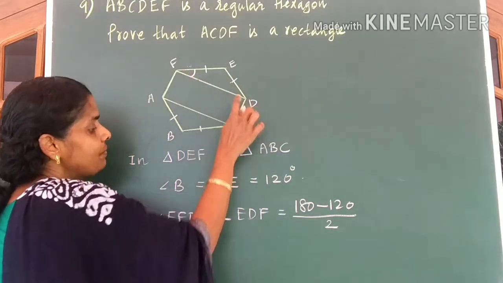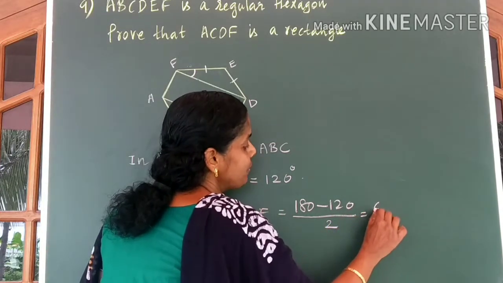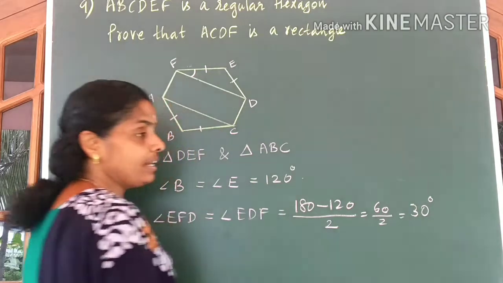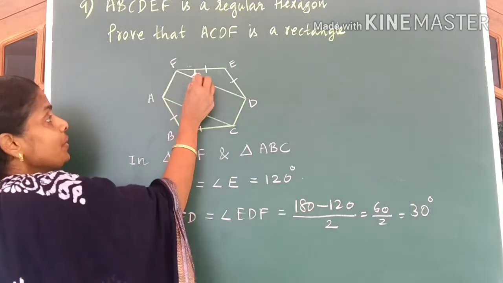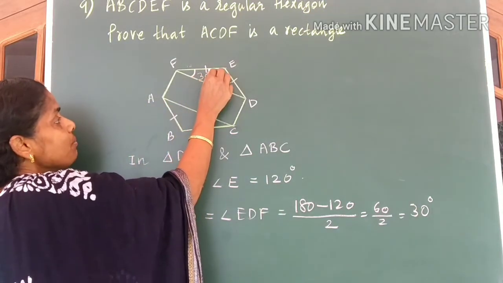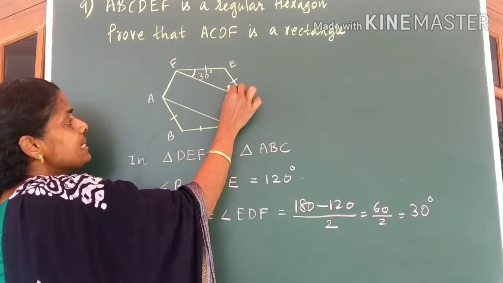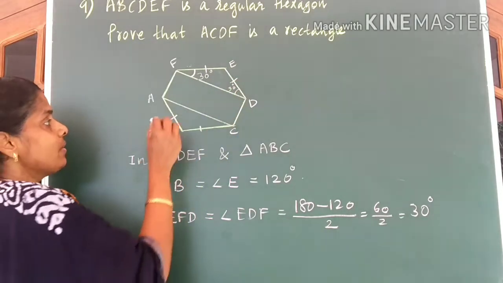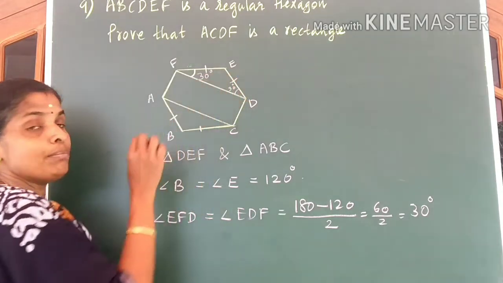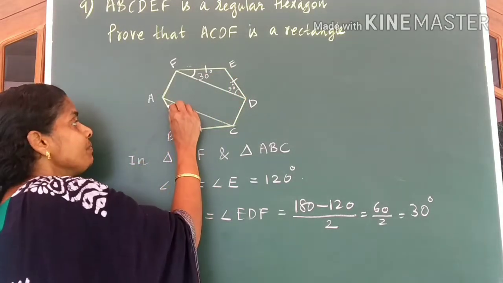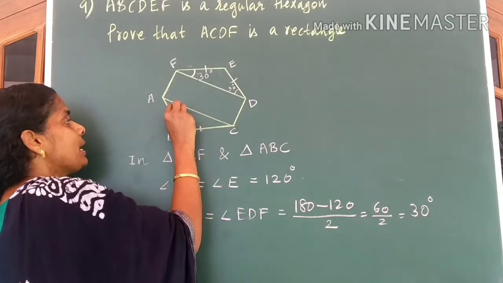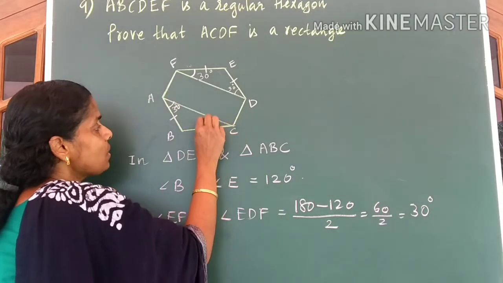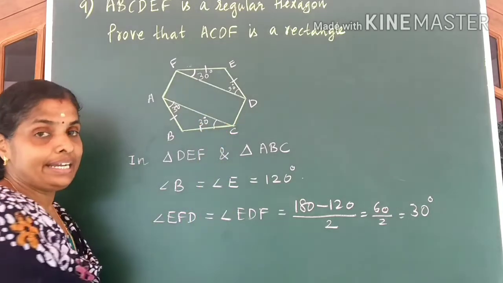So each of these angles will be equal to 60 by 2, which is equal to 30 degree. Is it clear? So you got this angle to be equal to 30 degree and this angle also to be equal to 30 degree. Also, using the same idea, we can say this angle to be equal to 30 degree and this angle is also equal to 30 degree.